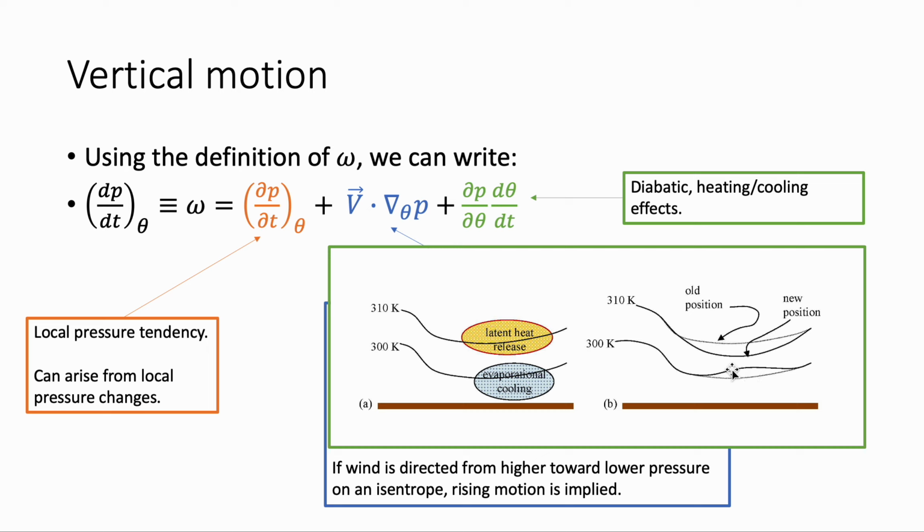And so this isentrope is going to get lifted. So the result is that these two points are going to be squeezed together. But the point here is that latent heat release over here, given that there is a stratification in theta, is going to cause the isentrope to descend, and this is going to cause the isentrope to ascend. Okay.